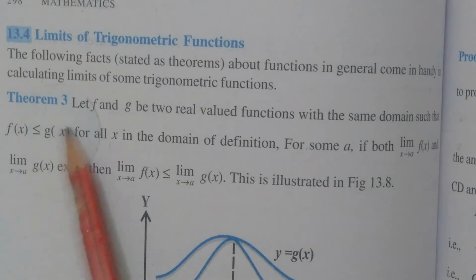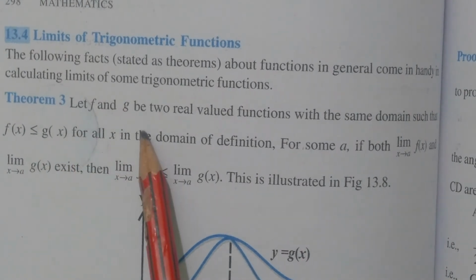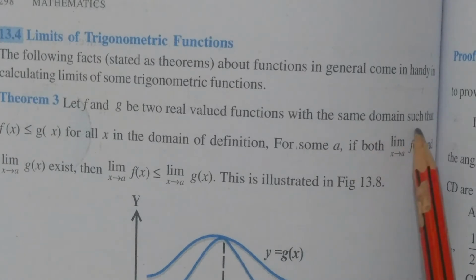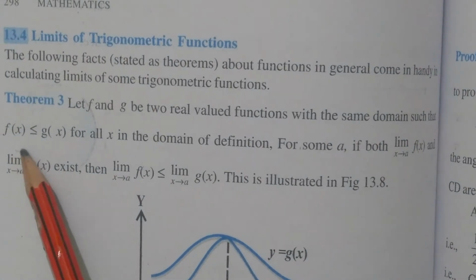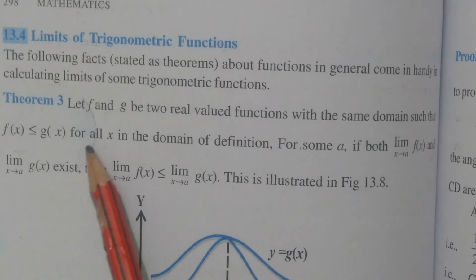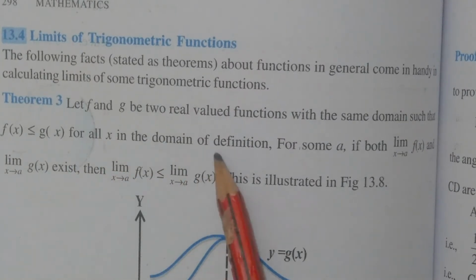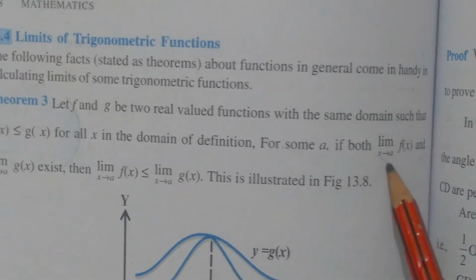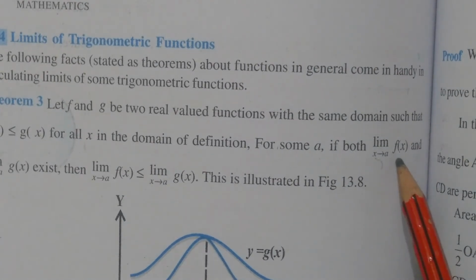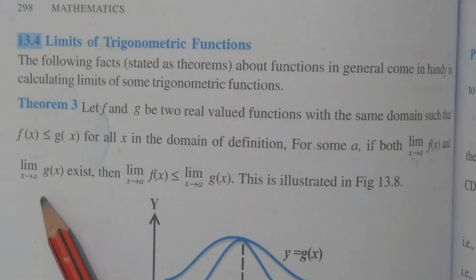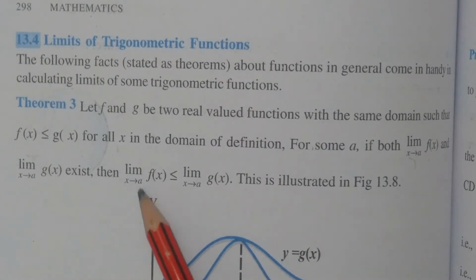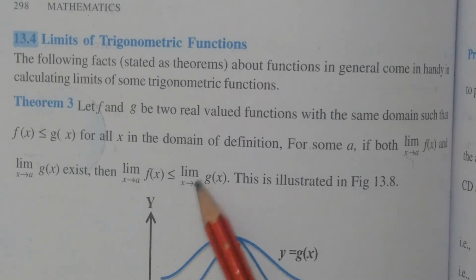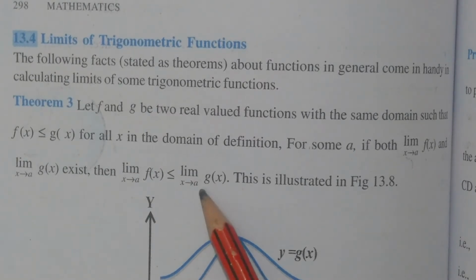Theorem third: let f and g be two real valued functions with the same domain such that f of x is less than or equal to g of x for all x in the domain of definition. For some a, if both limit x approaches a f of x and limit x approaches a g of x exist, then limit x approaches a f of x is less than or equal to limit x approaches a of g of x.